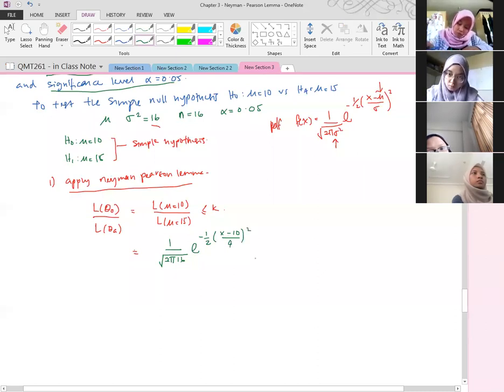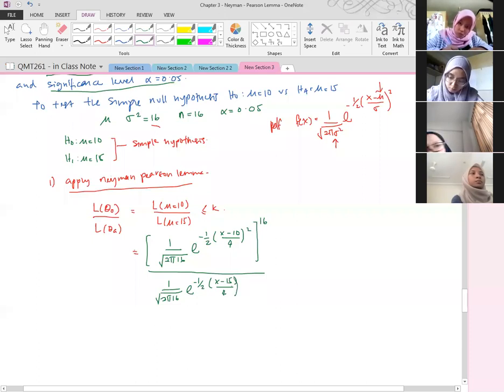So this one we will do a joint probability distribution, so it will be to the power of 16, divided by 1 over the square root of 2 pi 16, exponential negative 1 over 2 of x minus mu, where mu is equal to 15, divided by 4, to the power of 2, and everything to the power of 16, because you are doing a joint probability distribution.